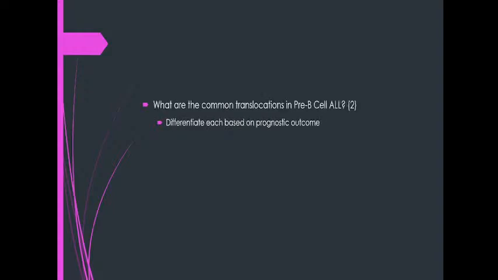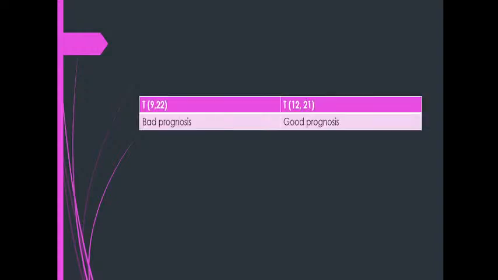What's the most common translocation in patients with pre-B cell ALL, and differentiate them based on prognostic outcomes? There are two types of translocations. Translocation 9;22 and translocation 12;21. Sir, bakit ang daming numbers? Kailangan yung i-memorize kasi siya na ang recent.